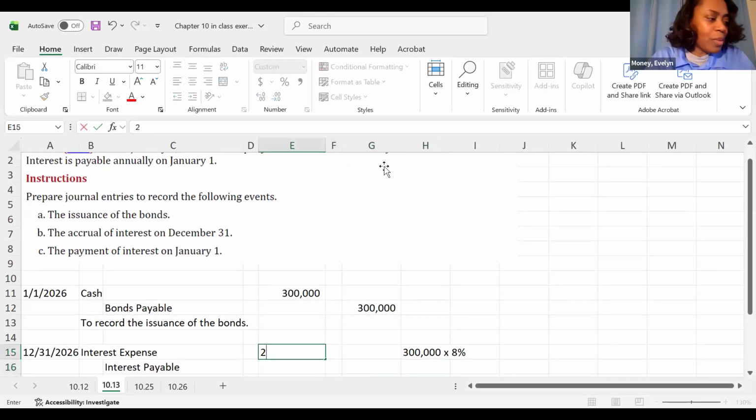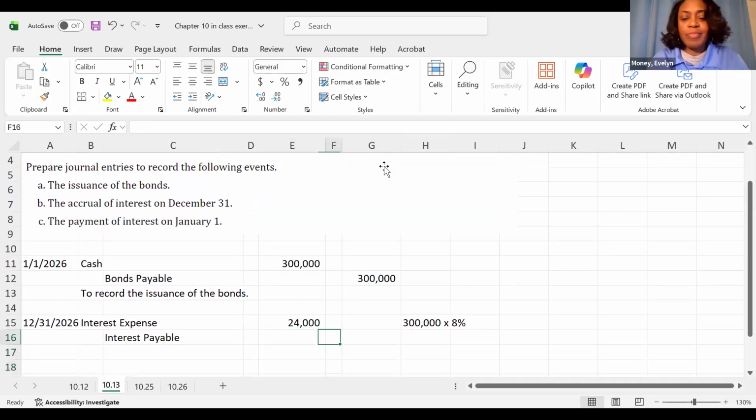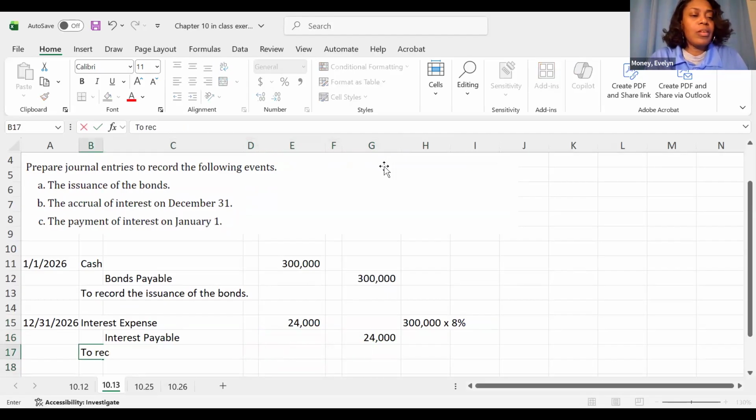And if I know how to multiply, it should be 24,000. Now, interest payable is just that same amount. To record accrual of interest.